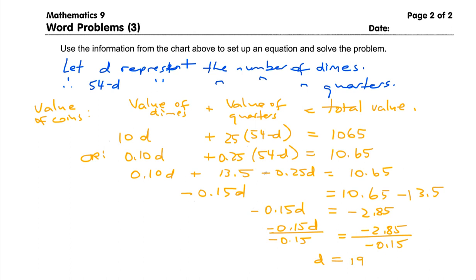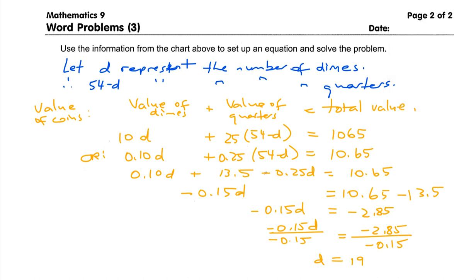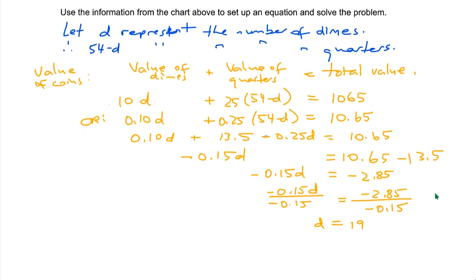Okay, now remember we have to answer the question. The question's asking how many of each coin. So I'm just going to go back here. I'm going to change the color. Okay, therefore, there are 19 dimes. Okay, how do I know how many quarters there are? Well, it's back to the let statement.